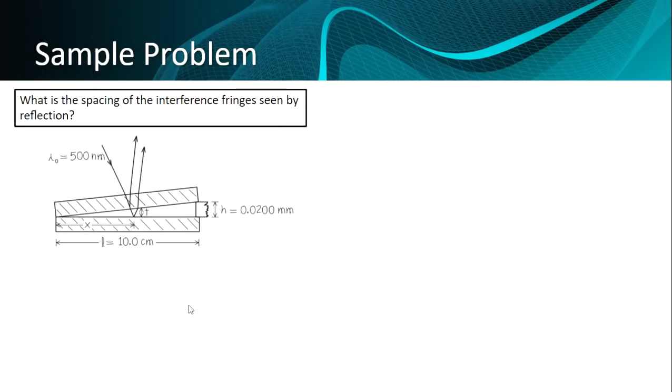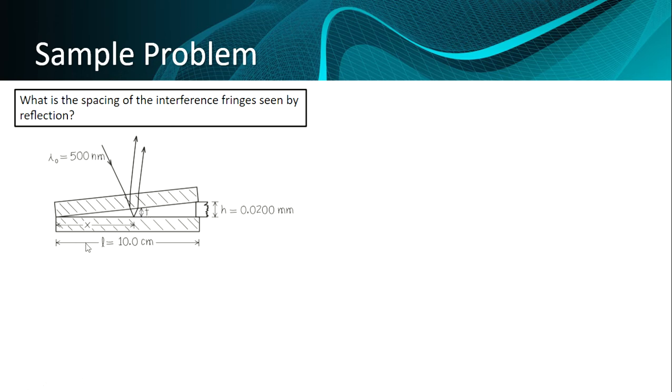Okay, so we have here a sample problem. Please take a look first at the figure. We have here our lambda naught for our incident wave, which is 500 nanometers, and the thickness of the air wedge t.